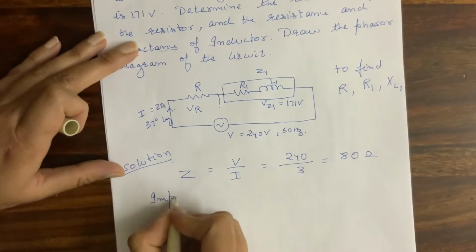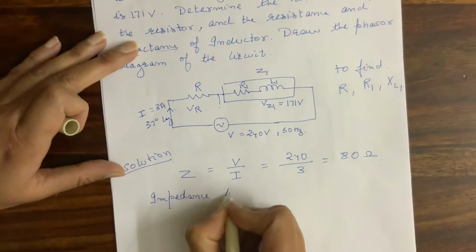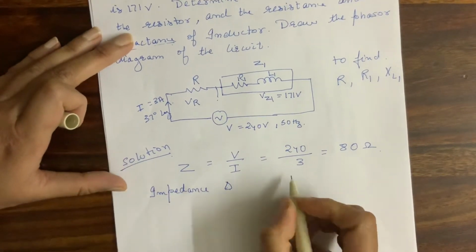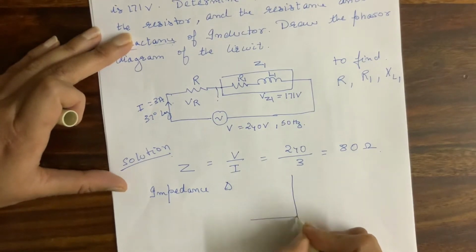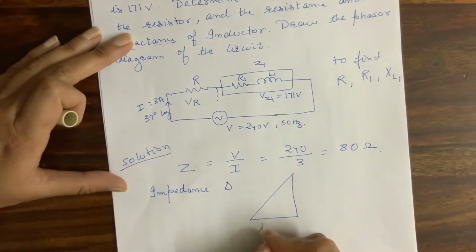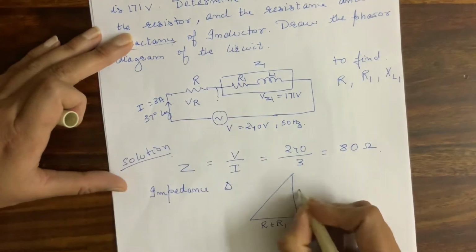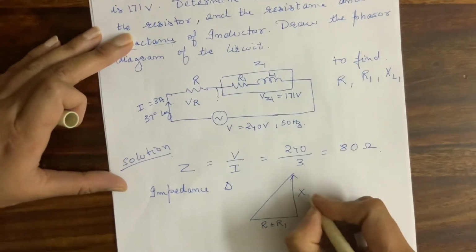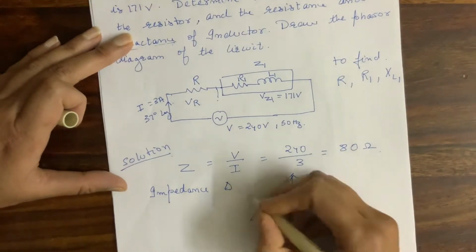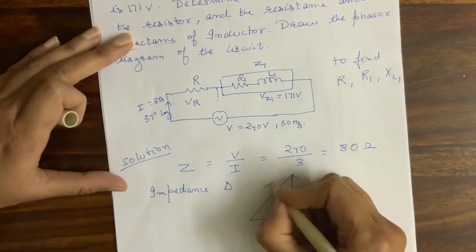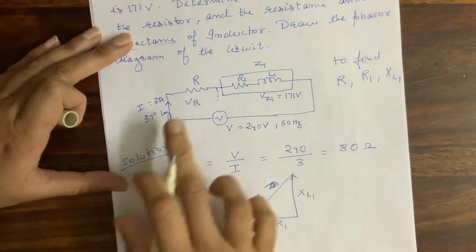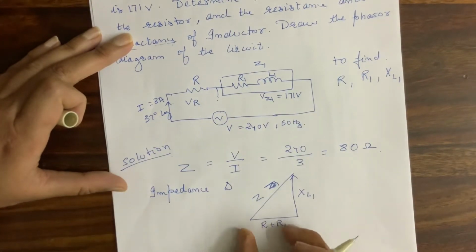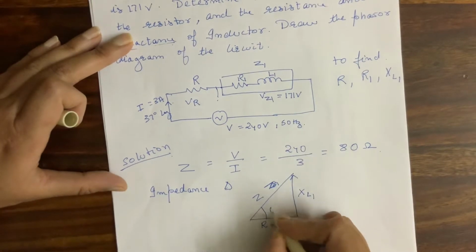Impedance triangles are generally used to find R and X values easily. In this triangle, the base is R plus R1 because they are connected in series, the perpendicular is XL1, and the hypotenuse is Z, not Z1, the total impedance, and this angle is the phase angle.